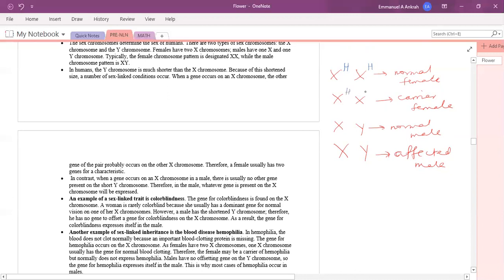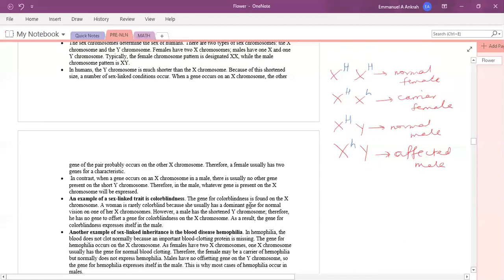Uppercase and then lowercase is a carrier, because the uppercase is normal, so the person will not have the disease, just carries the gene. A normal male means the male has a normal gene, so no hemophilia. An affected male has the abnormal gene, and there's nothing on the Y to balance it, so automatically this person has the disease. So that's why it's common in males: no normal gene to offset the abnormal one.